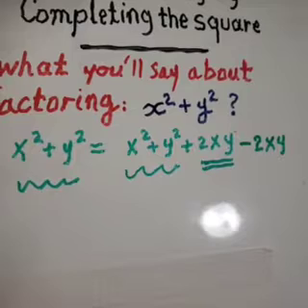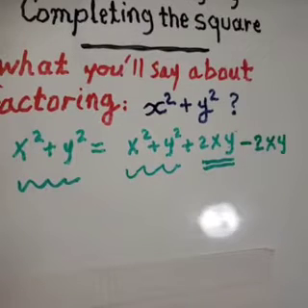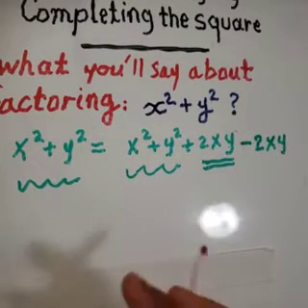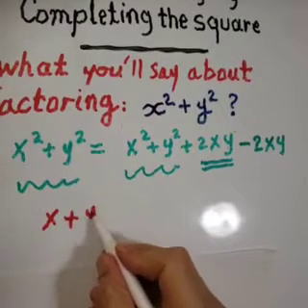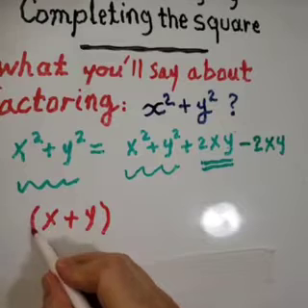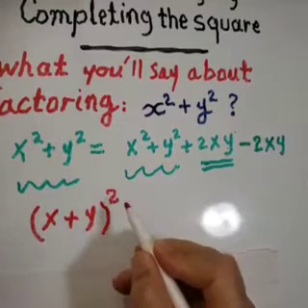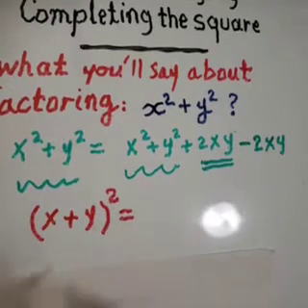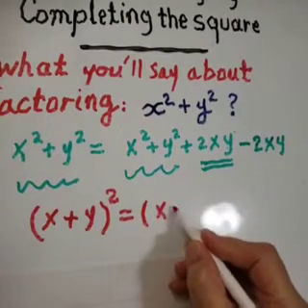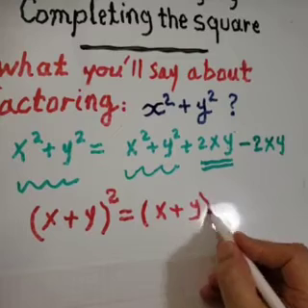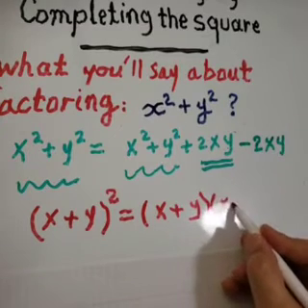Look at this form. When you take x plus y, all inside brackets and squared, and try to expand it, this will be x plus y times x plus y.